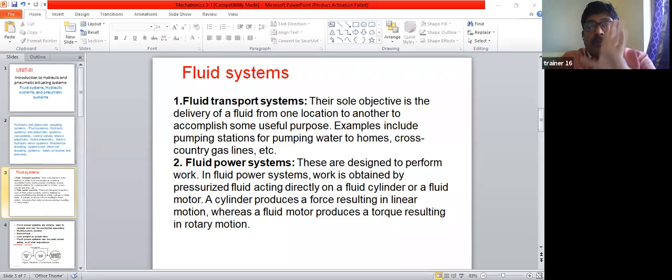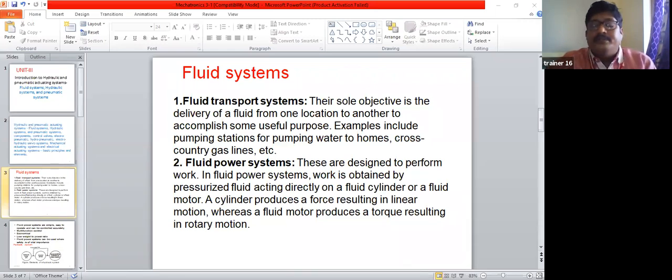First point, all of you remember what we discussed previously. A hydraulic or pneumatic system eliminates the need for complicated systems using gears, cams, levers, governors and so on.